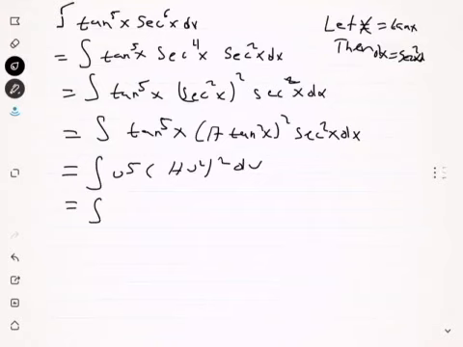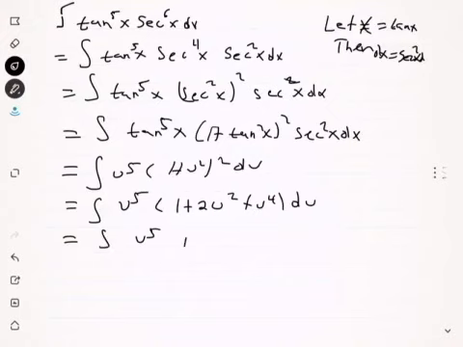And multiplying this out, it will be u to the fifth power times 1 plus 2u to the second power plus u to the fourth power du. And then you multiply that out and you get u to the fifth power plus 2u to the seventh power plus u to the ninth power du.